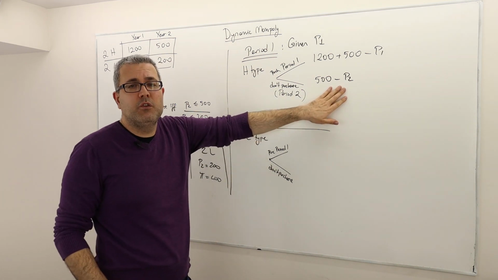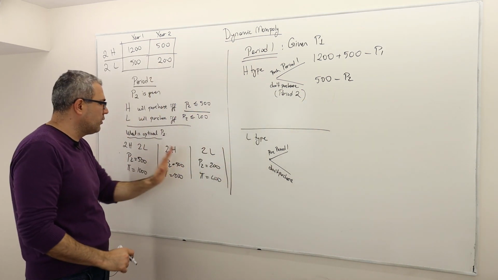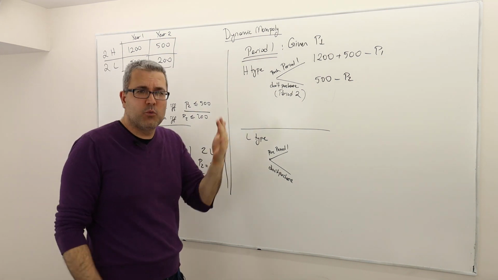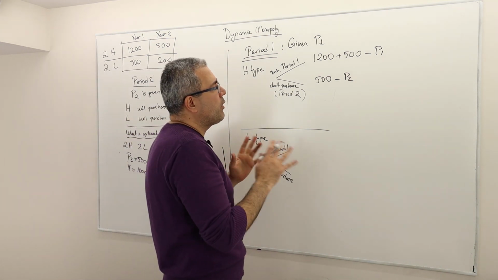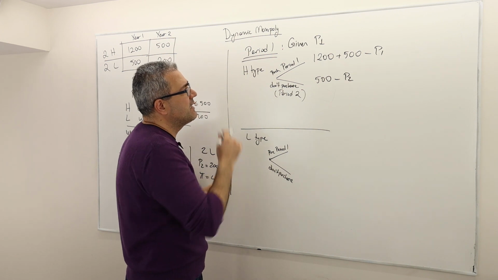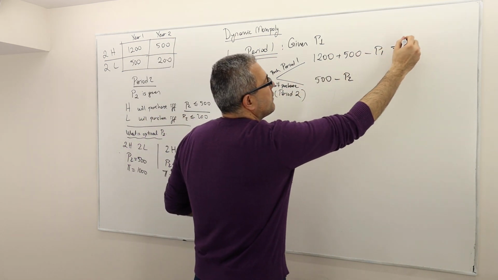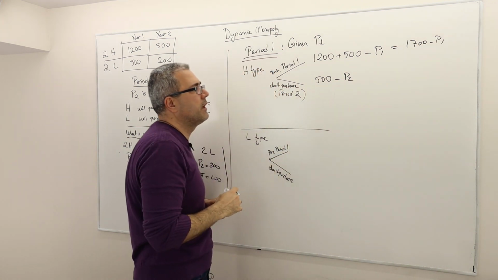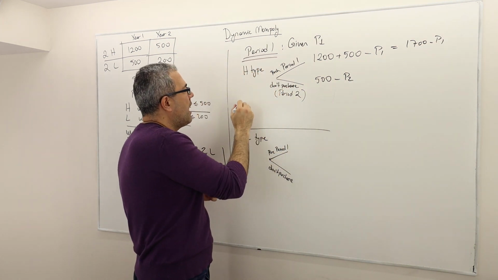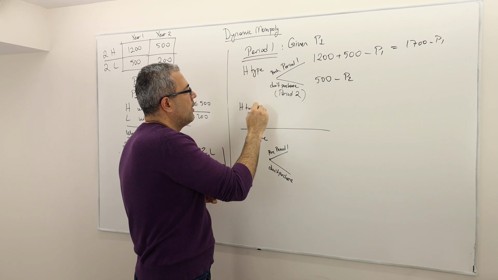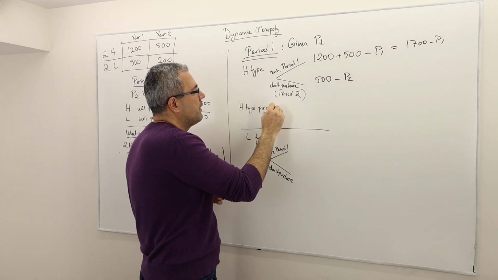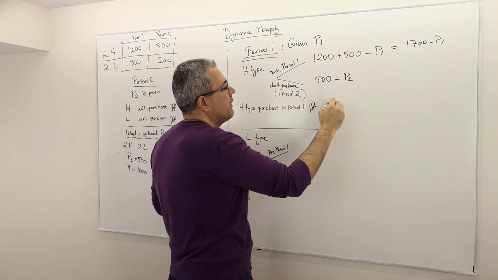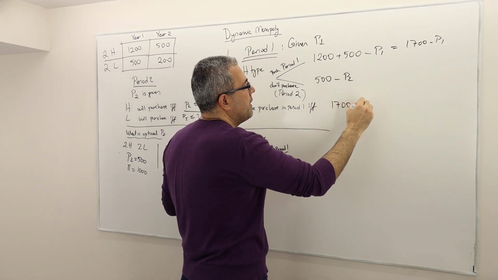We don't know what P2 will be because that depends on what the low types will do. But what we can say at least is the following. This is equal to 1700 minus P1. This is equal to 500 minus P2. So the high type will purchase in period 1 if and only if 1700 minus P1 is greater than or equal to 500 minus P2.